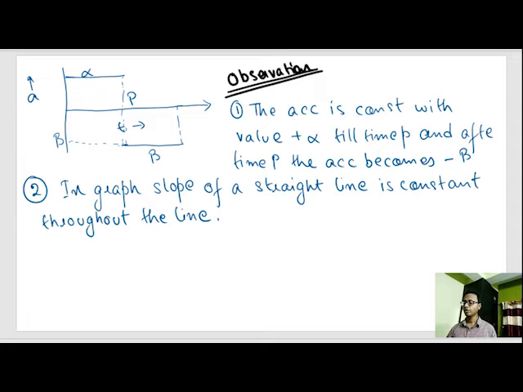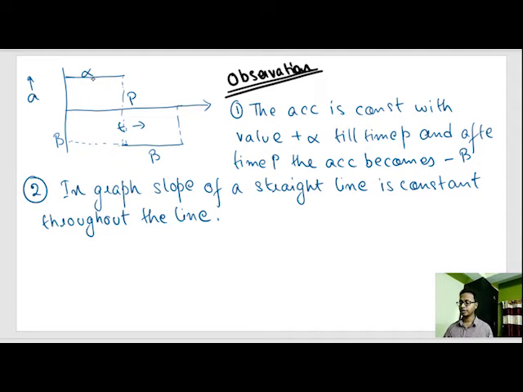That means how should the VT graph look so that we obtain constant acceleration? The VT graph would be some straight line, which we differentiated and we got a constant acceleration till time t. Okay, or the integral of a constant acceleration is any straight line.